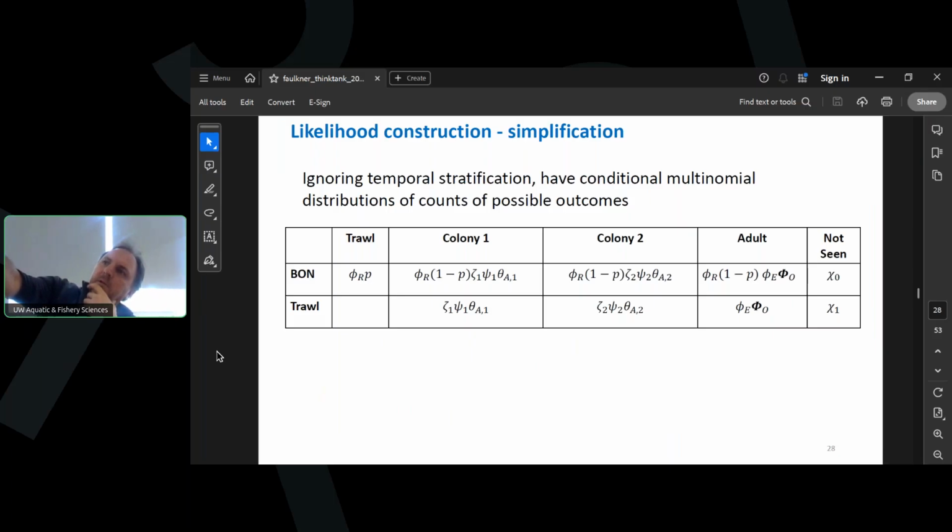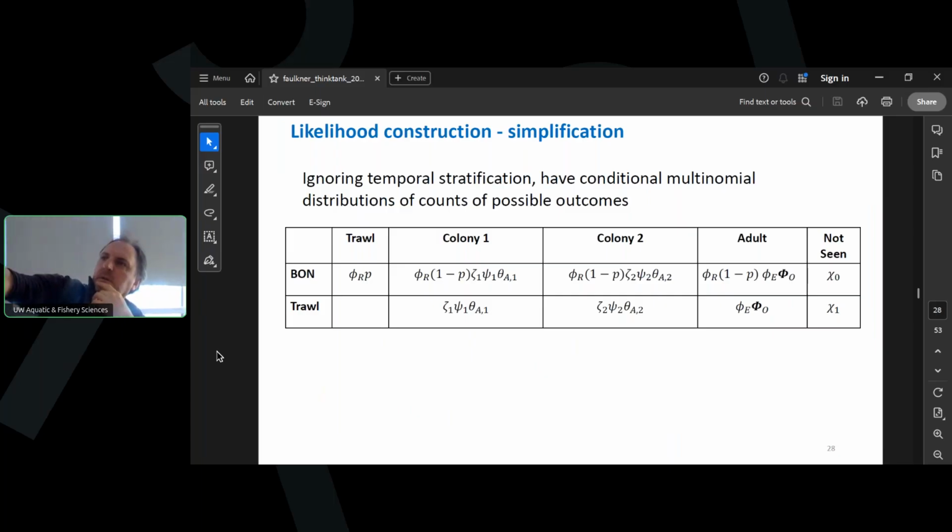You have the number that were released, which aren't shown here, and then the number that were detected at the trawl. If they weren't detected at the trawl, each one of these is a different outcome: you were recovered on colony 1, or you were recovered on colony 2, or you were seen as an adult, which we'll split out on the next slide, or you weren't seen again.